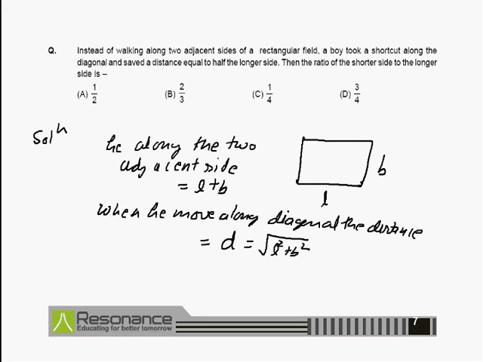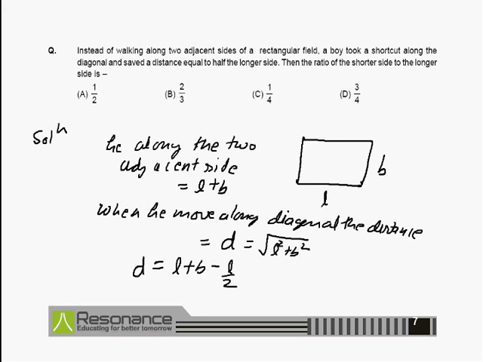As in the question it is given that when we move along the diagonal, he saves a distance of half of the longer side.